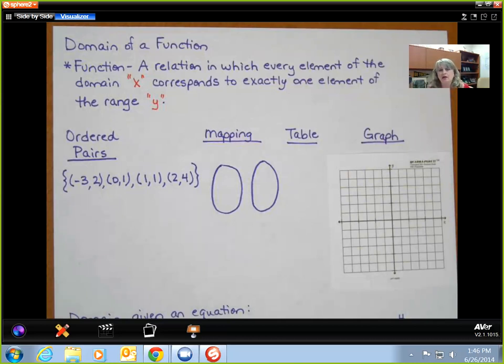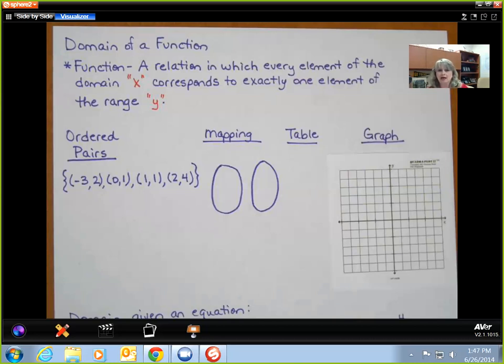Now, you can depict a relation, and specifically a function, in several different ways. First of all, we may have some ordered pairs. So I wrote out 4 ordered pairs. Notice -3, 2, 0, 1, 1, 1, and 2, 4 are my ordered pairs.